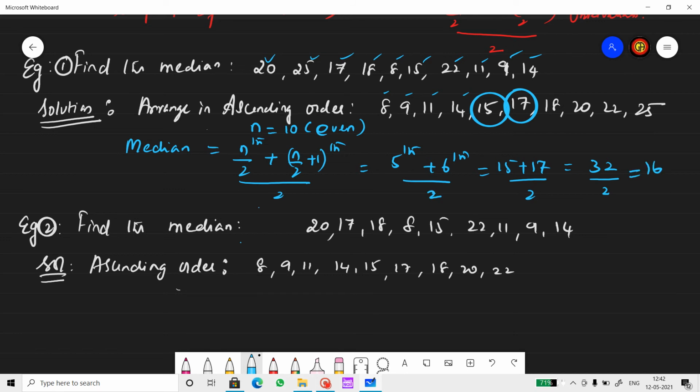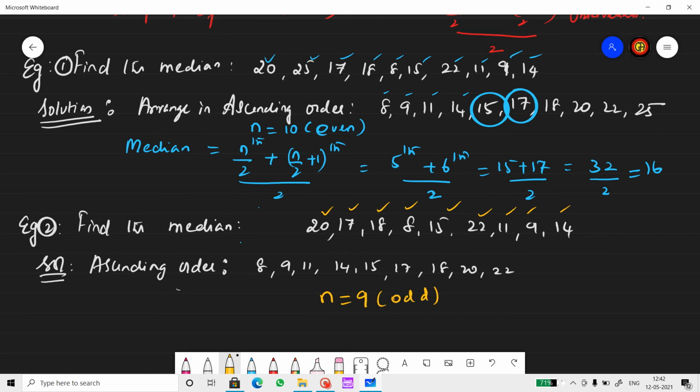Next type, when we have an odd number of observations. In the next example written on the screen, if we count the numbers, 1, 2, 3, 4, 5, 6, 7, 8, 9, we have 9 observations. I have already arranged them in ascending order. So n is 9, which is an odd number.